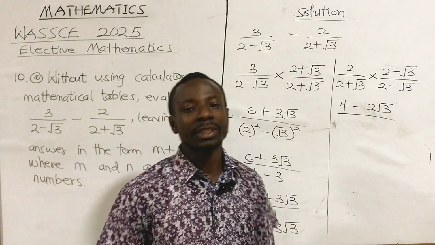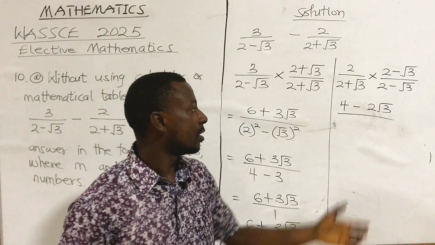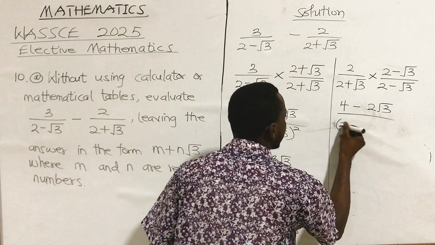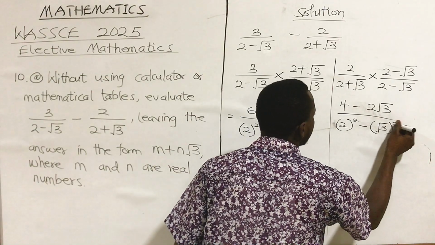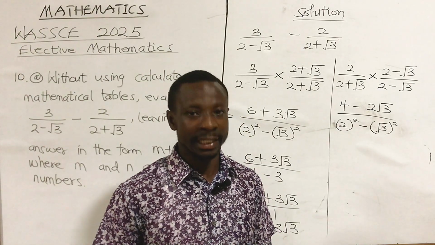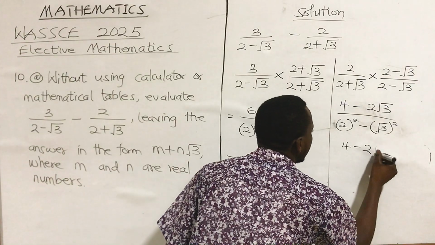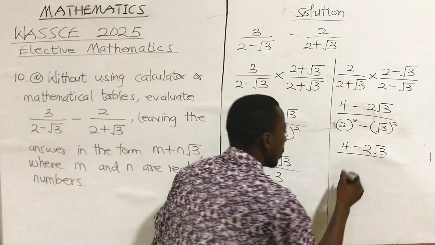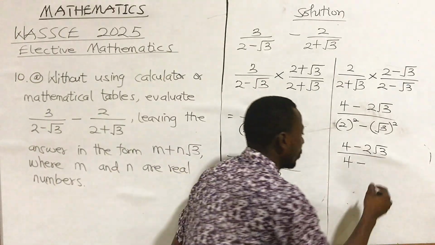And here, we are still going to pick the idea we spoke about earlier. So here, I will take the one with the minus, square the first term, and then I will square the second term. This makes it much simpler and easier. So I have 4 minus 2 root 3 all over 2 squared, we have 4, minus root 3 all squared, we have positive 3.